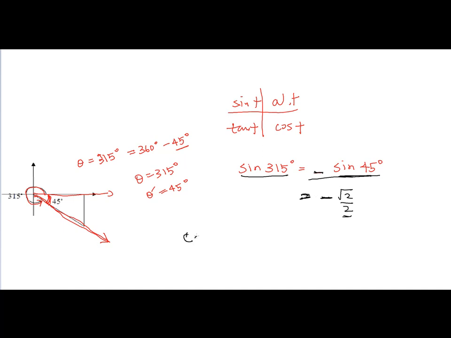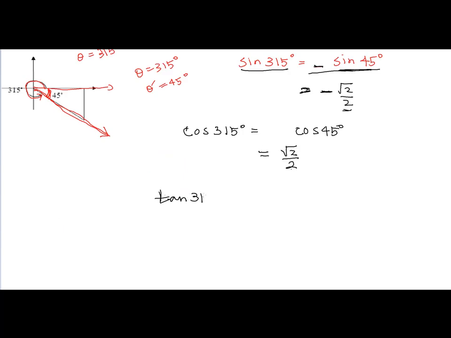Cosine 315 equals plus or minus cosine the reference angle. But cosine in quadrant 4 is positive, so in this case I dropped the negative. So cosine 315 is the same as a positive cosine of the reference angle, 45 degrees, equal to square root 2 over 2.